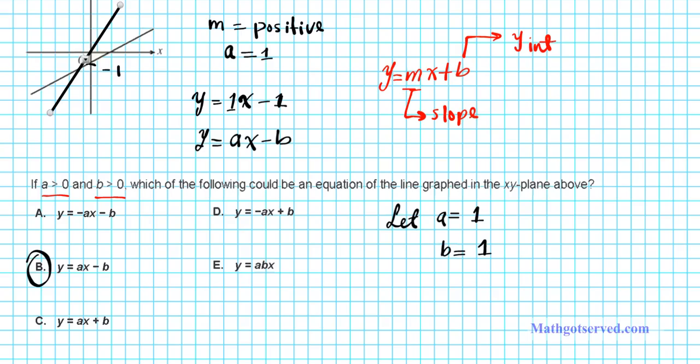Okay, going through the origin, the slope could be bigger, it could be closer to 0 depending on the size of A and B. But the bottom line is it's going to be going up from left to right, and it should intersect the origin. All right, so the only equation that fits these two descriptions is option letter B.